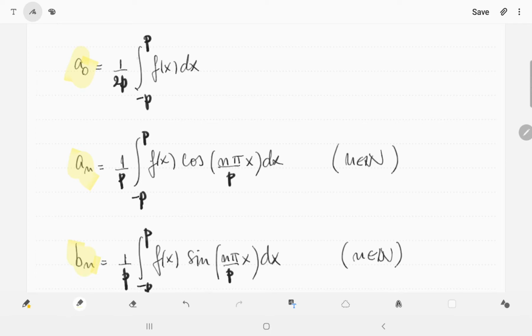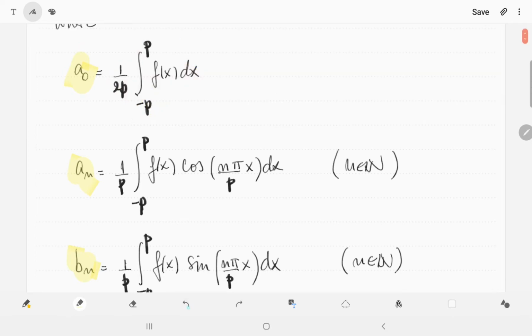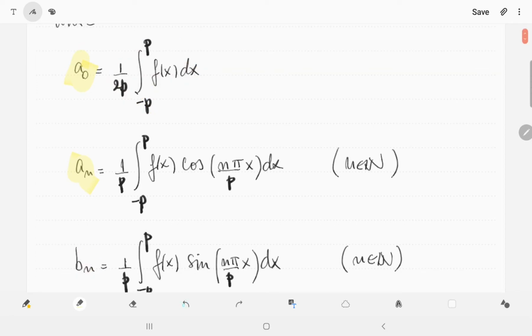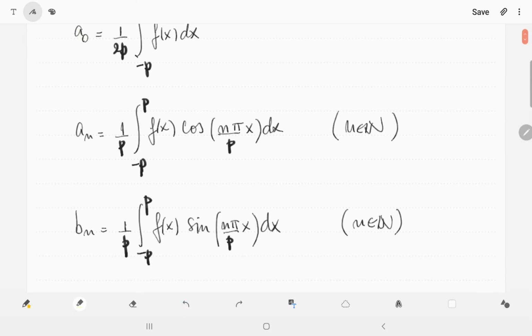The first one is maybe the easiest one, where we only integrate f between minus p and p, and we have this factor in the front. And then computing the other coefficients is just f times cosine and f times sine, but we have this for each n.